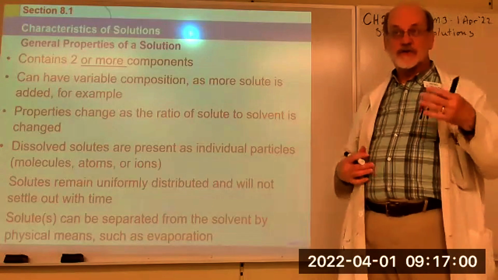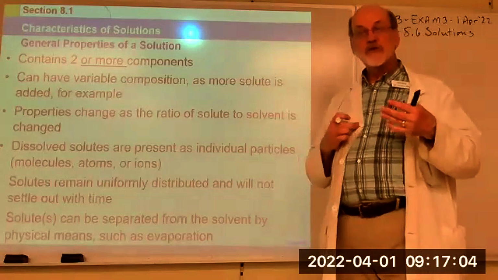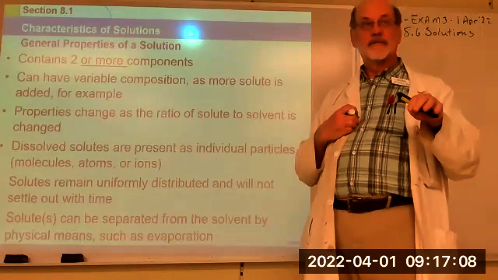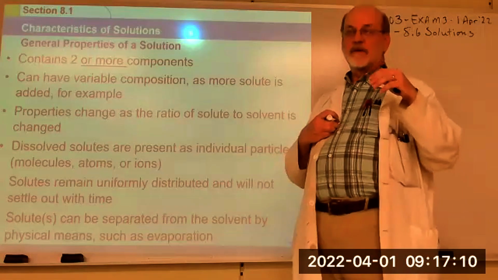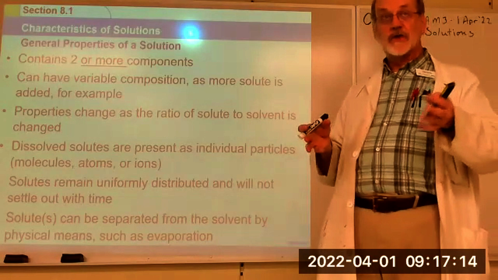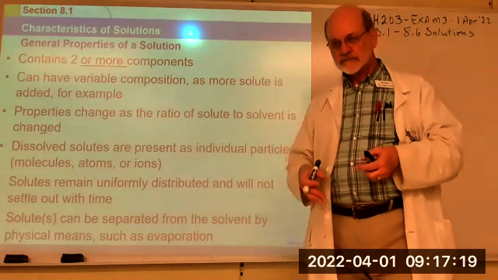And what I'm talking about there is solubility. Some solutes, you can put only a little bit in solution and it won't hold any more. But with sucrose, you can put a lot of solute in there. Just keep pouring it in and it'll take it.